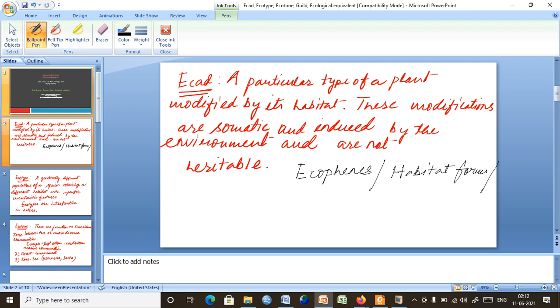Or they are also known as environmentally induced variation.